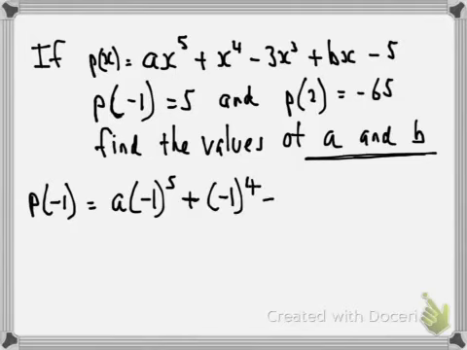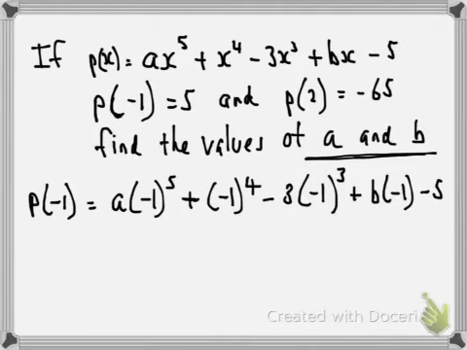So here we go, negative 1 cubed plus b times negative 1 minus 5. Tidying that up, any negative number raised to an odd power will always be a negative answer.